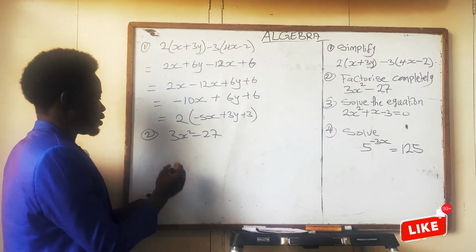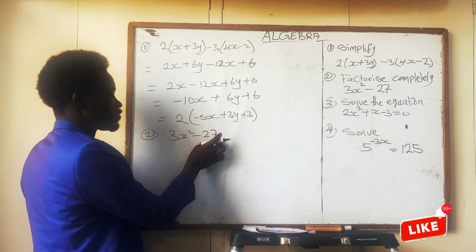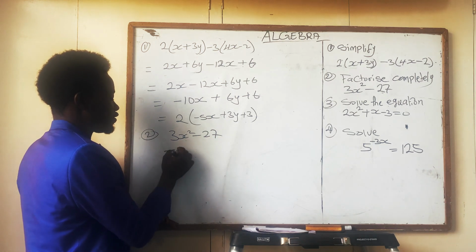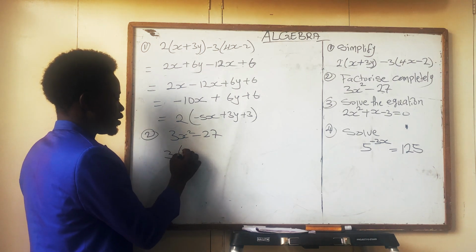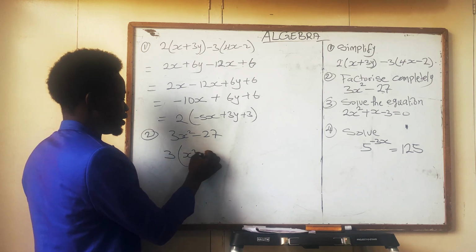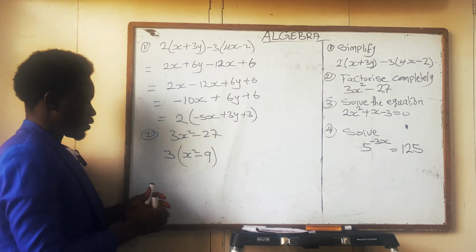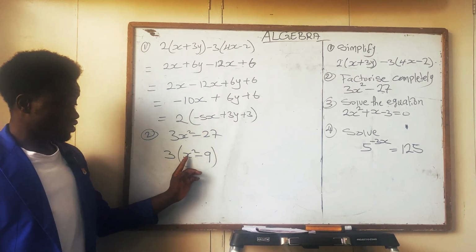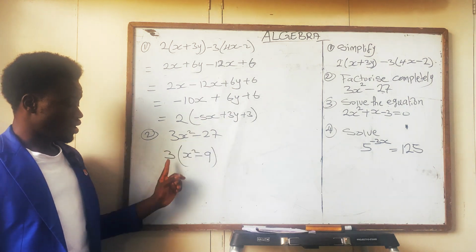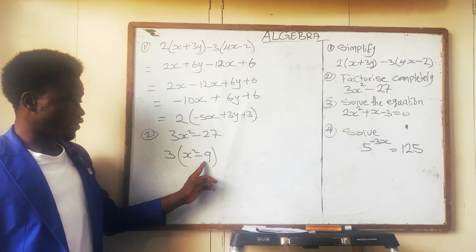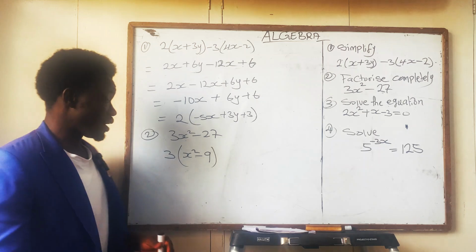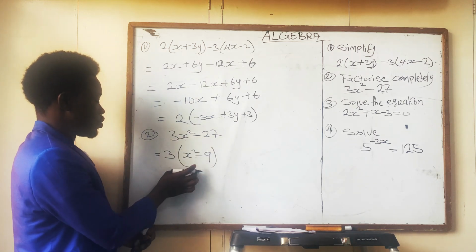So you realize that 3 can divide 27, so therefore I can factorize it out. Now I have 3(x squared minus 9), such that when I pick 3 times x squared, I'll get 3x squared. When I pick 3 times negative 9, I'll get negative 27. So we have not done anything yet, so this is still equal to this.